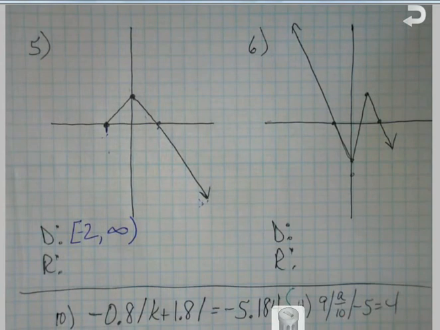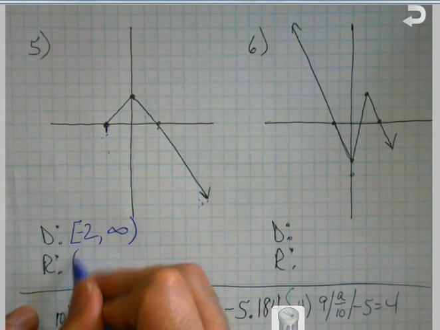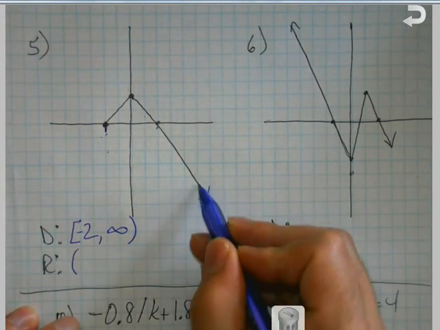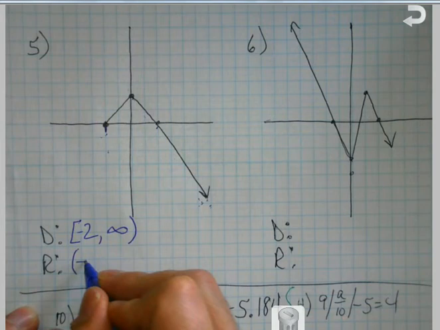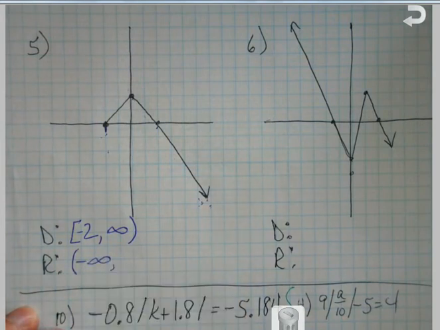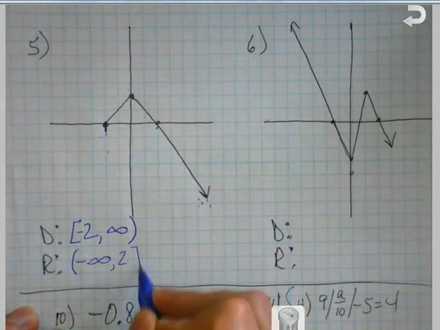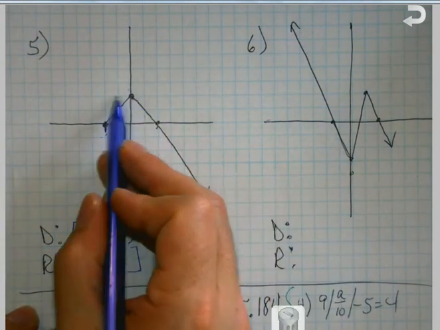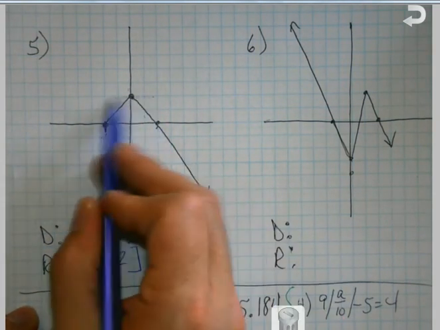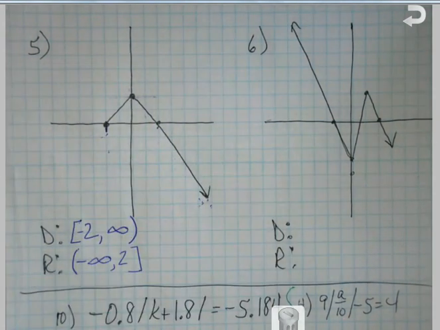So, when you're doing these, the lowest point is going to be way down here at the end of this arrow at negative infinity. And the top is going to be way up here at 2. But again, notice, it's my y value. Look at the y-axis to see what that number would be.